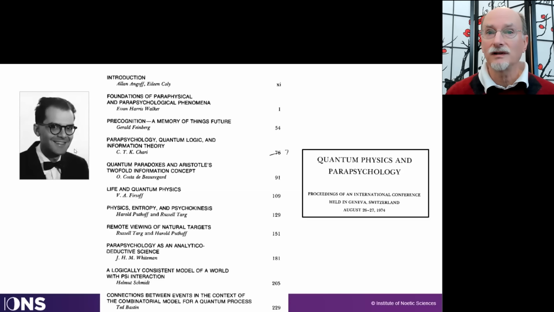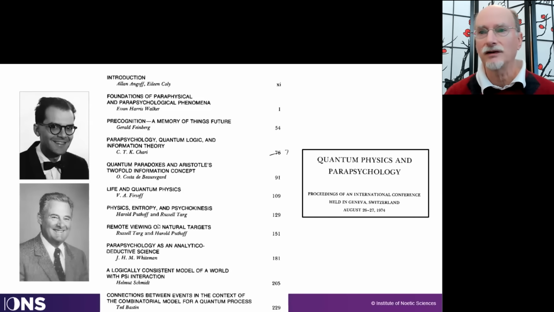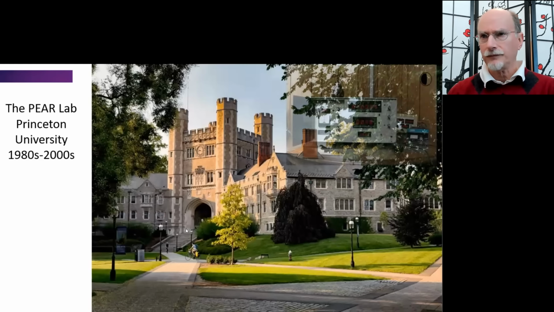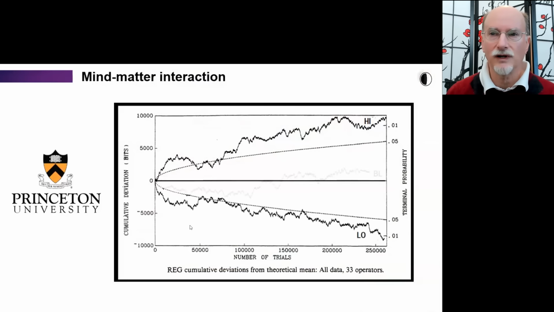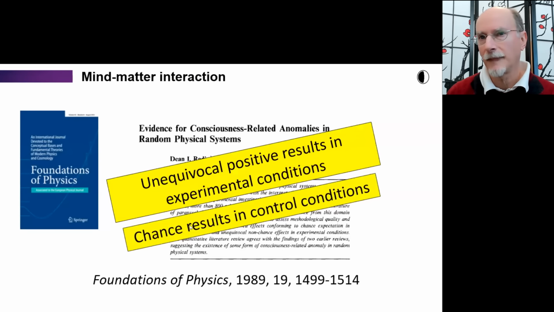And it included Gerald Feinberg, who was a Nobel laureate, also a very well-known physicist, Olivier Costa de Beauregard, and many others who were talking about the quantum perspective of these kinds of effects and the relationship to parapsychology, because there is one. The PEAR Lab in Princeton, of course, did these experiments as well. And I've already gone through this, so I'm going to just jump right through all that.